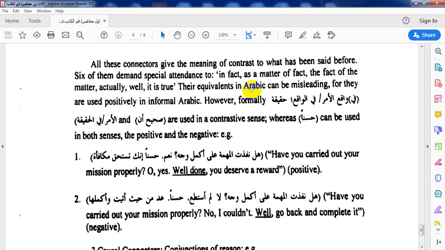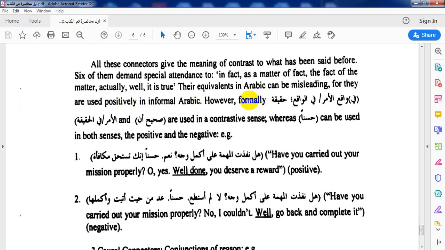Their equivalents in Arabic can be misleading, for they are used positively in informal Arabic. They don't refer to contradiction.